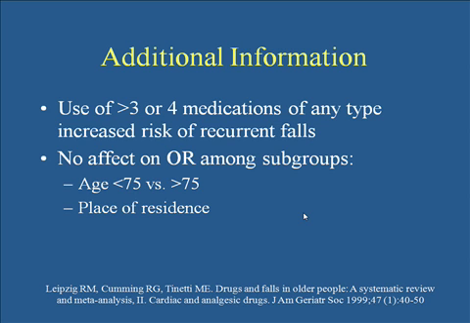They did also find that increasing to 3 or 4 of any type of meds in this study increased the risk of recurrent falls. So mixing and matching among the classes, certainly as you added agents, you increased the risk of falling. And of course, no difference again in the age or place of residence.